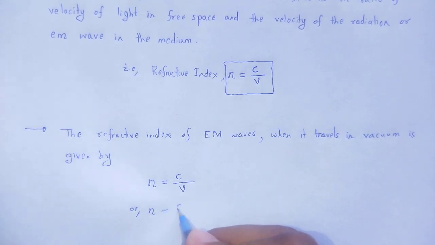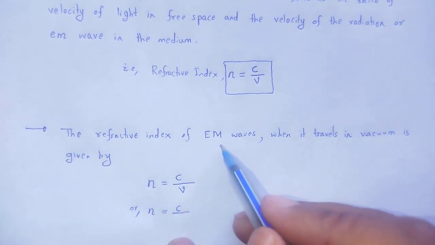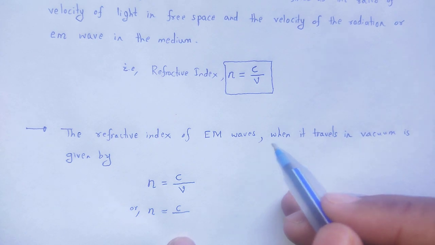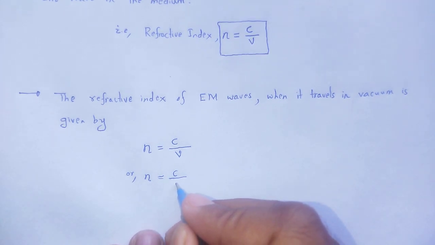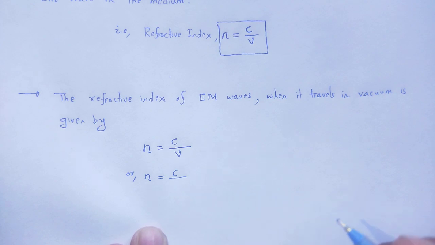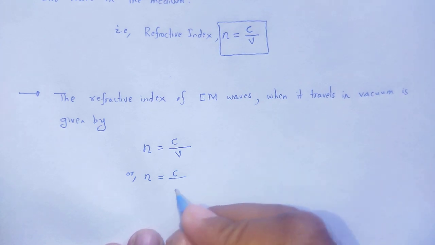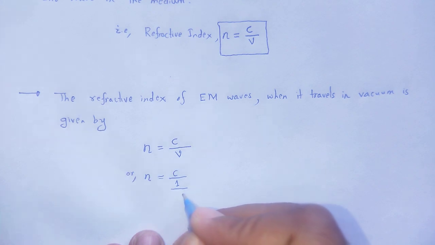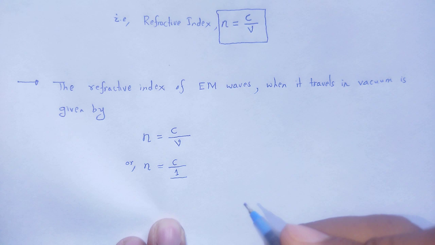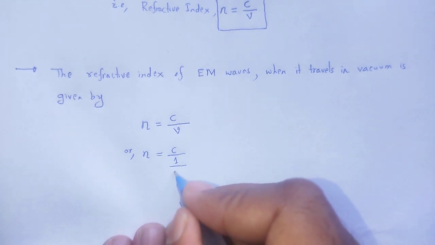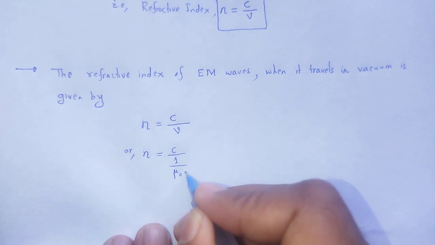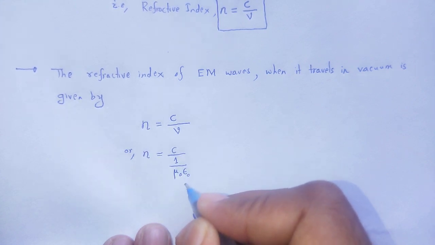Here v is the velocity of electromagnetic waves in vacuum, which is given as 1 by under root of mu naught epsilon naught.